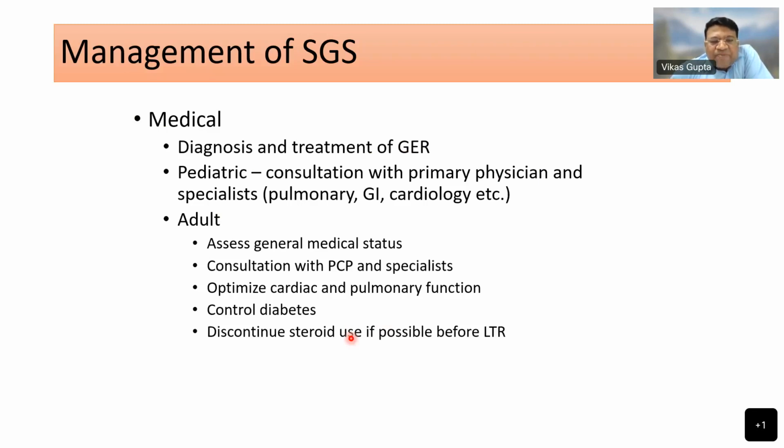There may be other issues, especially in the pediatric patient, so we need to consult the pediatrician, the pulmonary and cardiology people. We need to assess the general medical status and give treatment. If the lung function is not good, you have to improve the lung function.